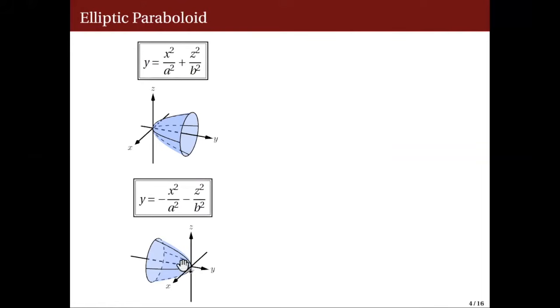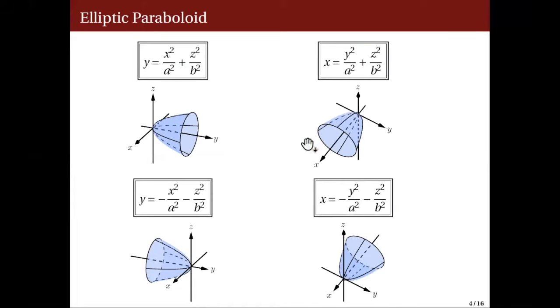This is an elliptic paraboloid that opens towards the negative y-axis, so that the linear variable is y, and coefficients of the quadratic variables are negative. And finally, here we have an elliptic paraboloid that opens towards the positive x-axis. So the linear variable is x, and quadratic terms have positive coefficients. Here we have an elliptic paraboloid that opens towards the negative x-axis. The linear variable is x, with negative coefficients for the quadratic variables.